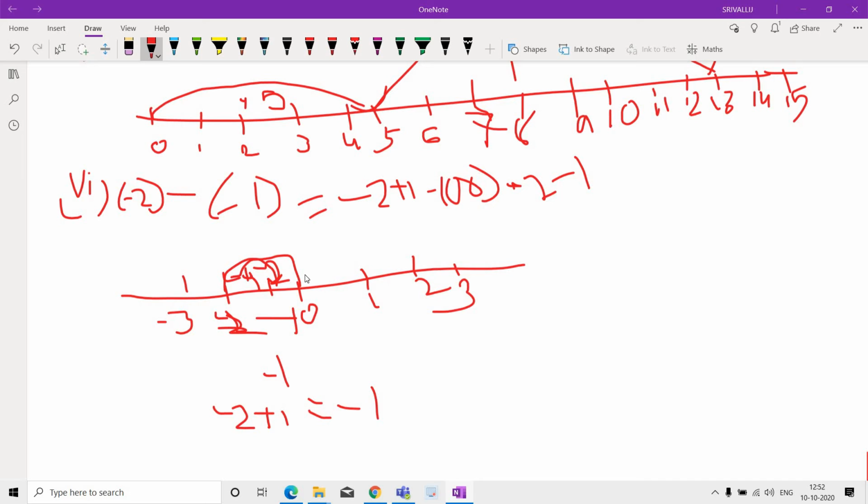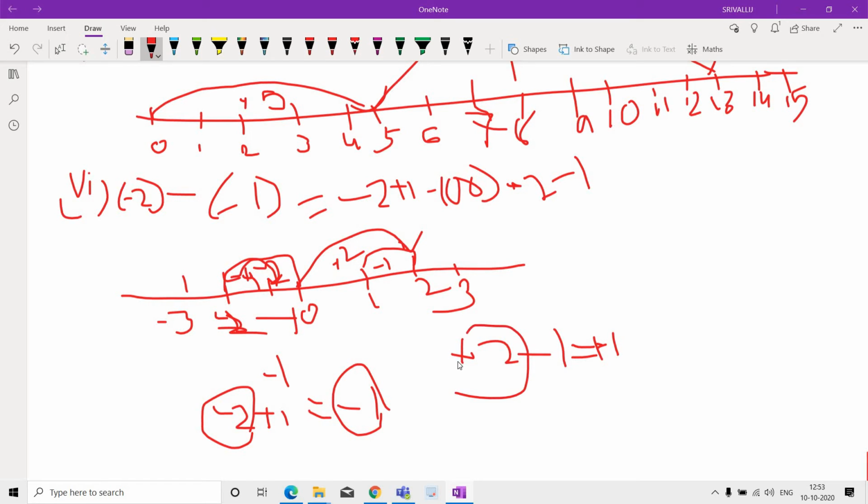If I am jumping -1 plus 2, we are getting +1. So see here, when the big number has a negative symbol, the answer also has a negative symbol.